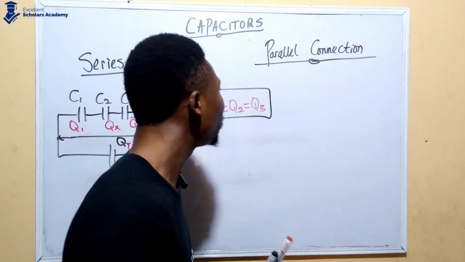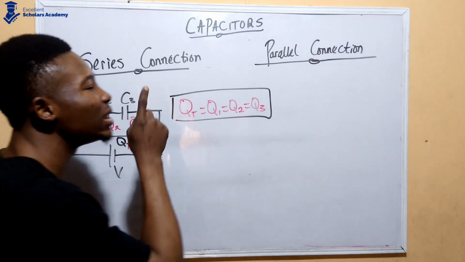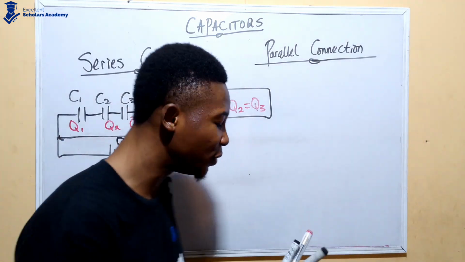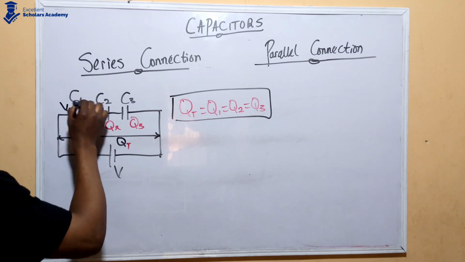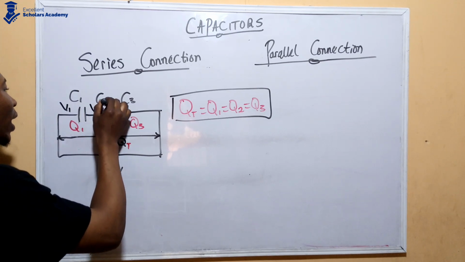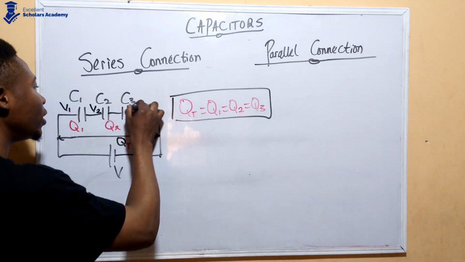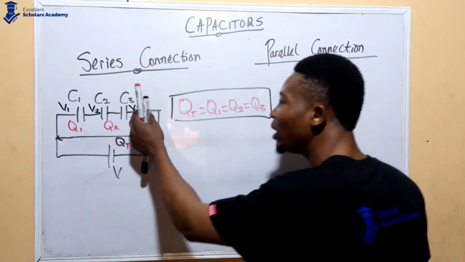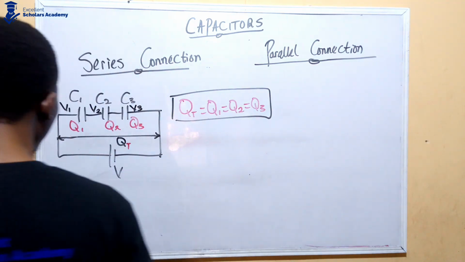Another thing I would like you to know is that the voltage on each capacitor is different. Let's say we had V1 here, V2 here, and V3 here. The voltage on each of these capacitors is going to be different because they are connected in series.